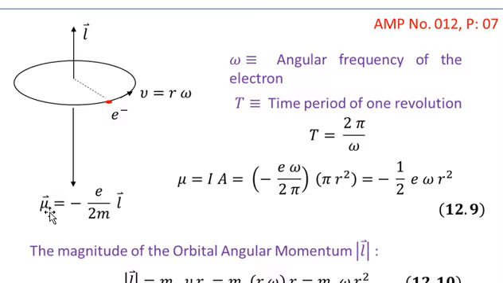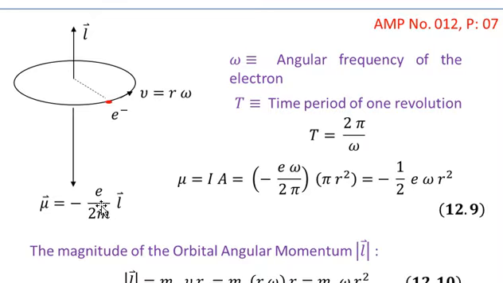Due to that, the mu vector has a direction opposite to that of the angular momentum L. So the orbital magnetic moment mu of the electron has a direction opposite to that of the angular momentum vector L of the electron. Now I shall explain why this value is equal to minus e over 2m times the L vector.